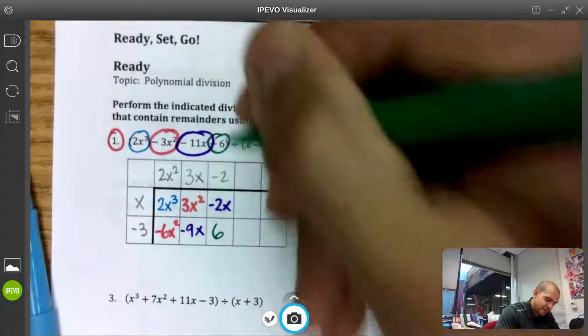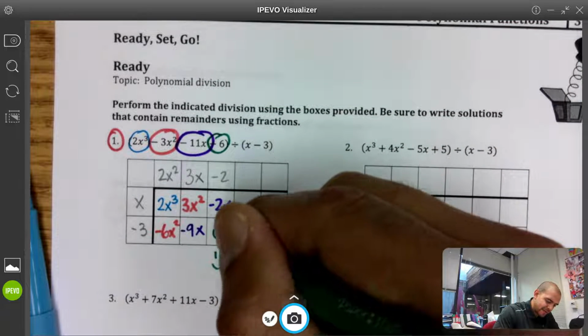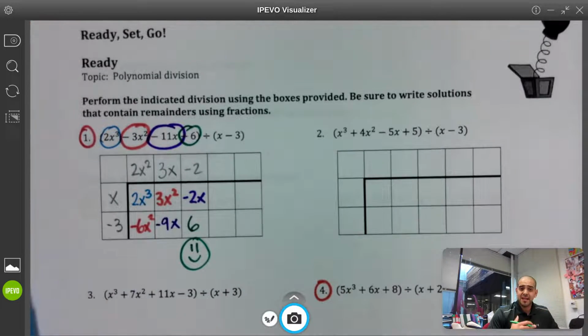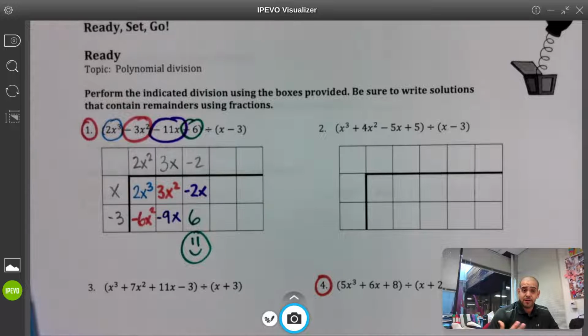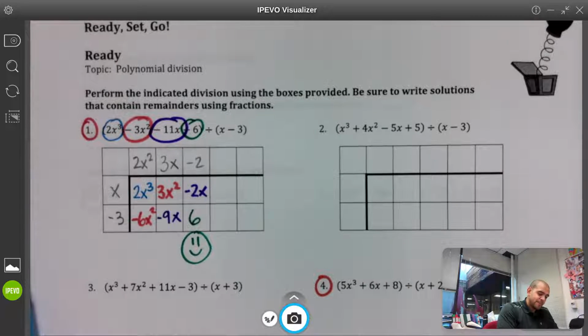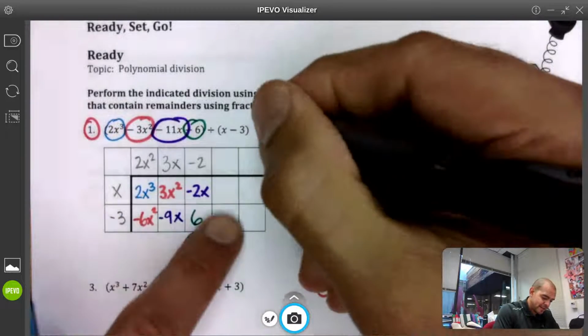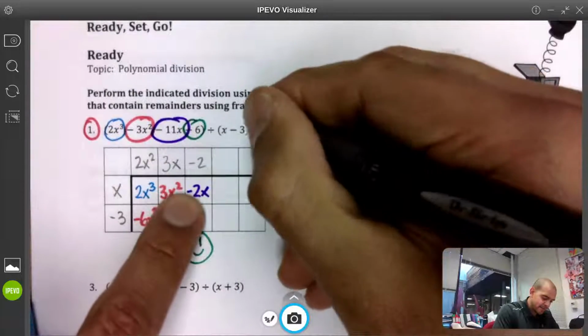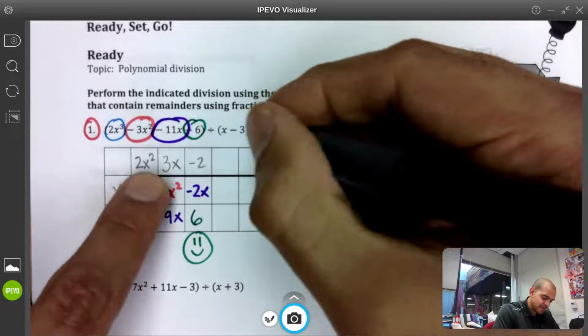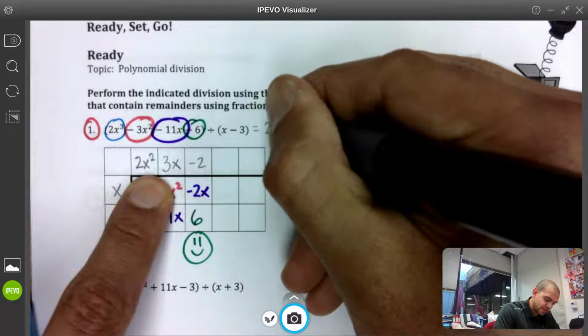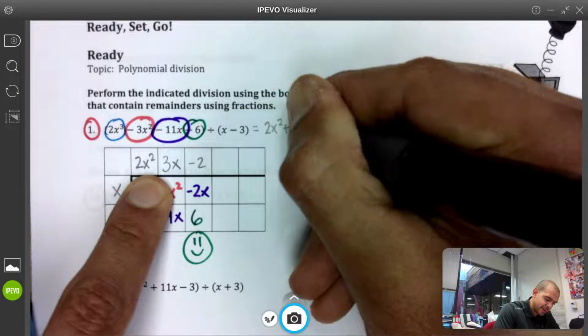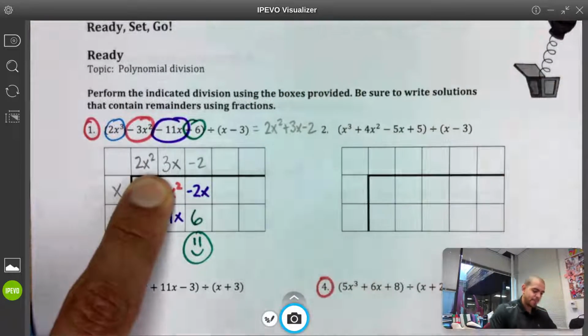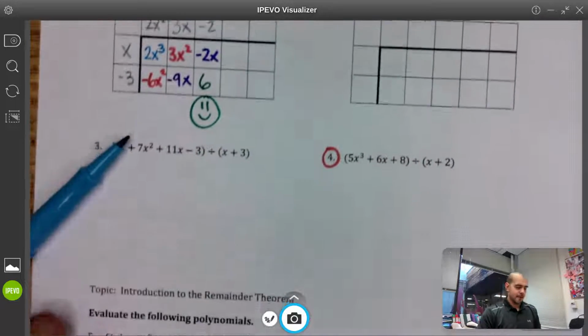And this is indeed a +6, so it divides evenly. Awesome. We don't have to find the remainder because it divides evenly. So my final answer is your dividend divided by your divisor is your quotient, which is 2x squared plus 3x minus 2.